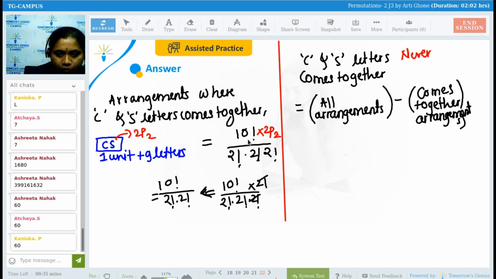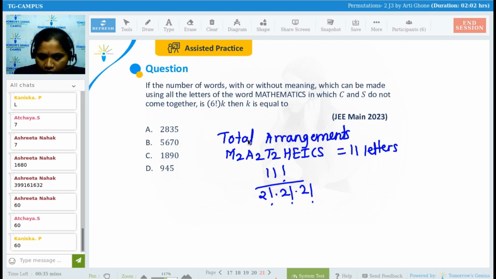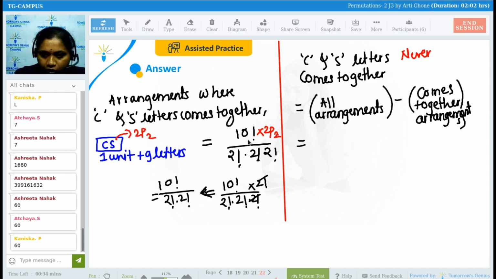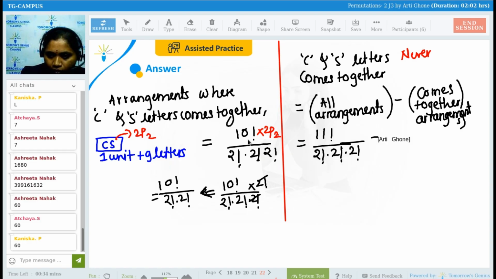So what is the answer? All arrangements is 11 factorial upon 2 factorial into 2 factorial into 2 factorial, minus 10 factorial upon 2 factorial into 2 factorial.